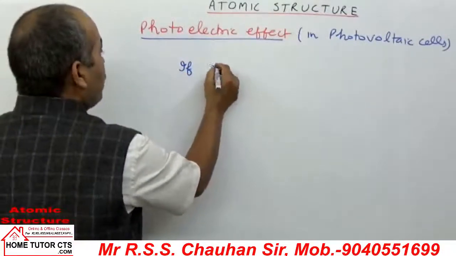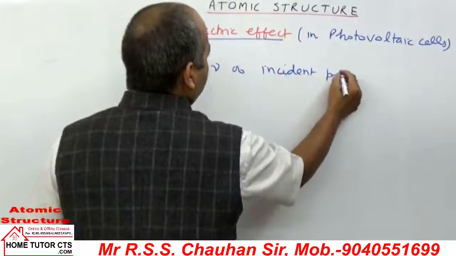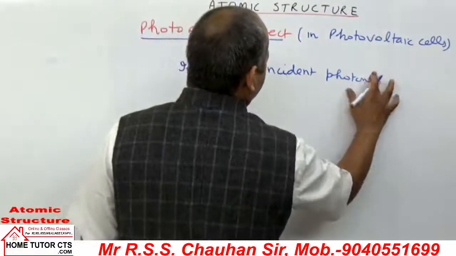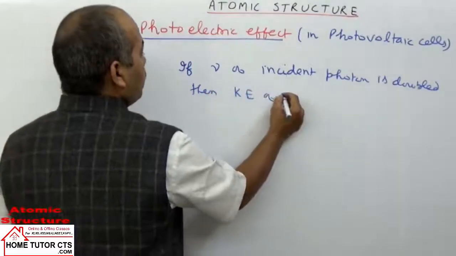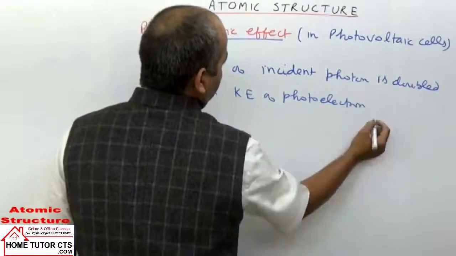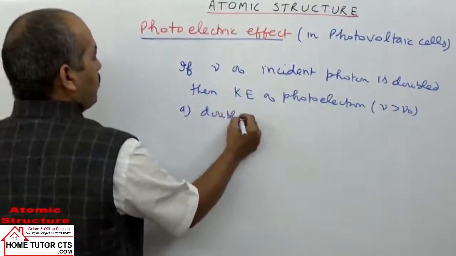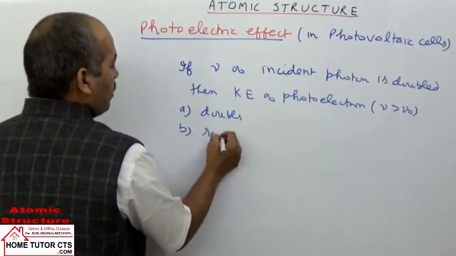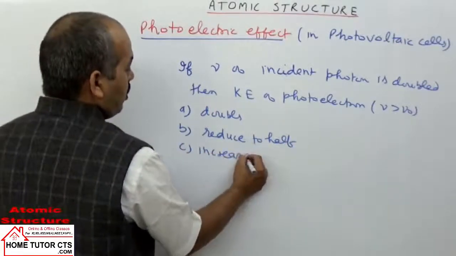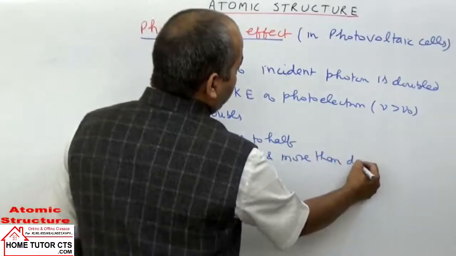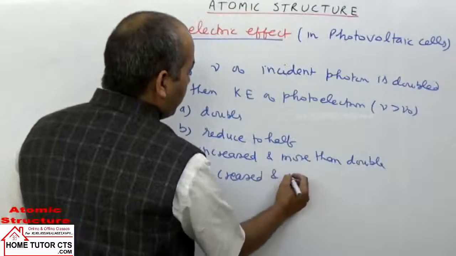If the frequency of incident photon is doubled, then the kinetic energy of photoelectron, where nu is more than nu naught. ऑब्जेक्टिव क्वेश्चन में आपको ऑप्शन दिया है: A, doubles; B, reduces to half; C, increased and more than double; D, increased and less than double.